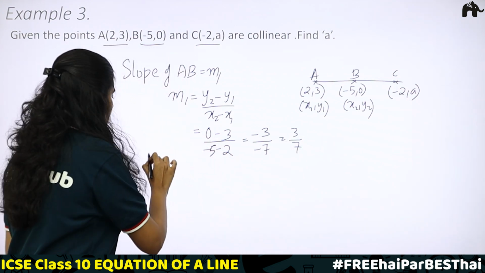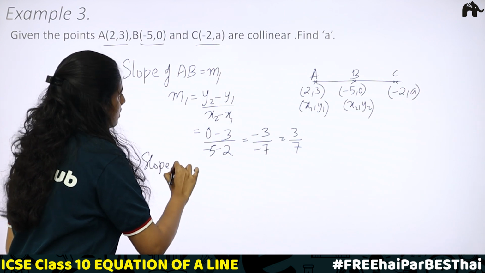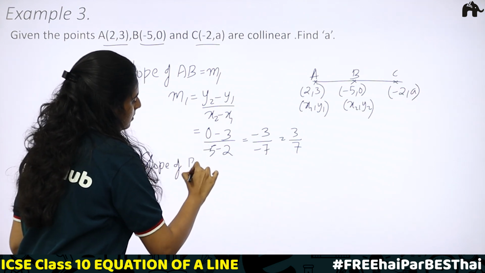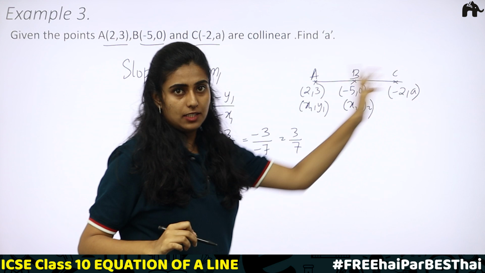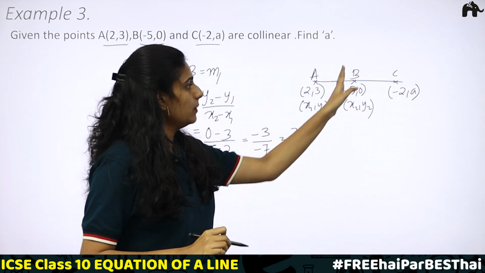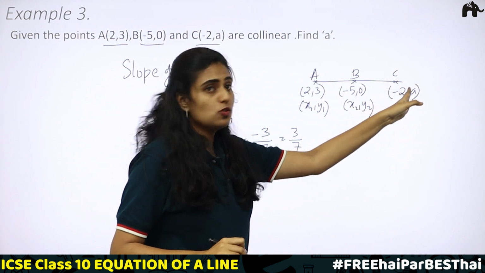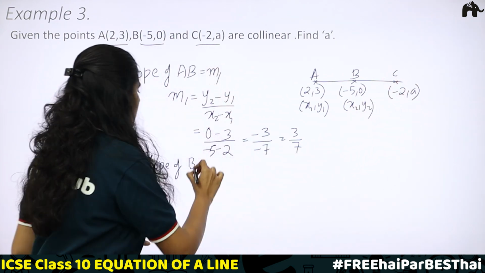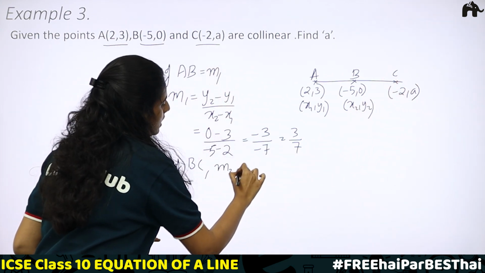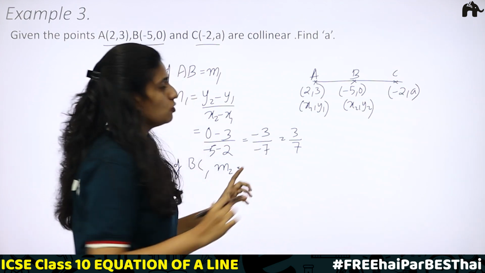Next, let us take the slope of BC. Here, we will be taking x1, y1 as the coordinates of B and x2, y2 as the coordinates of C. M2 is equal to y2 minus y1.